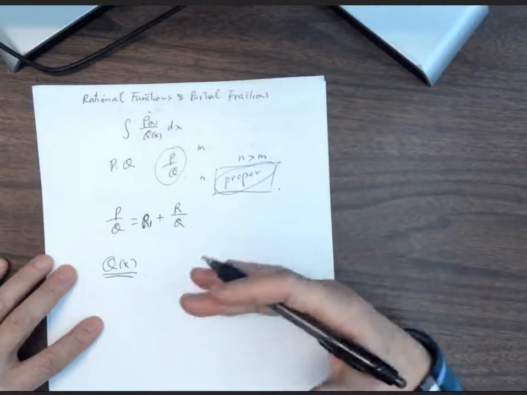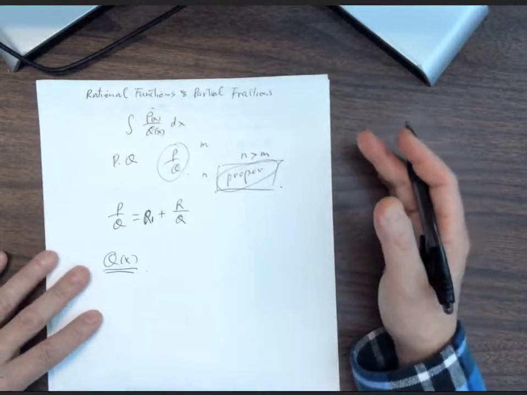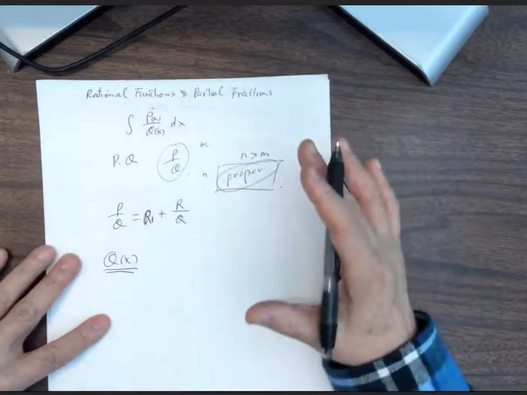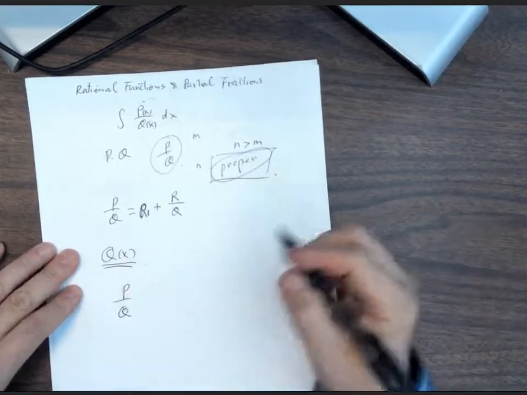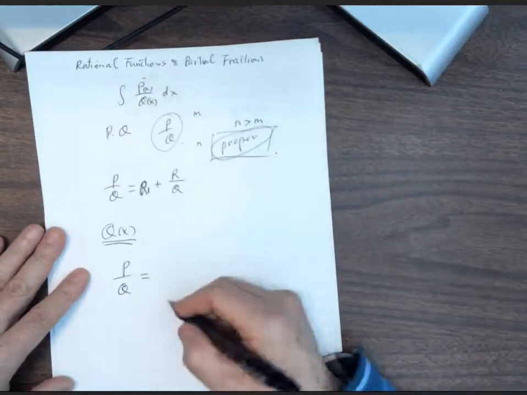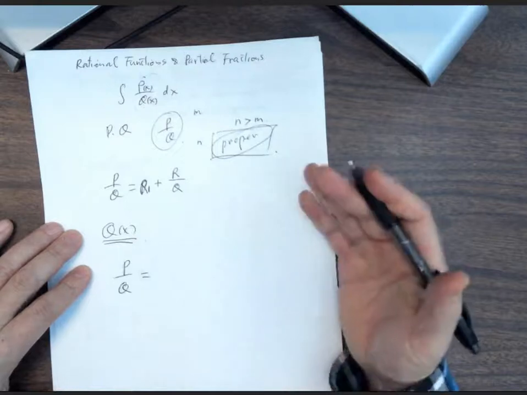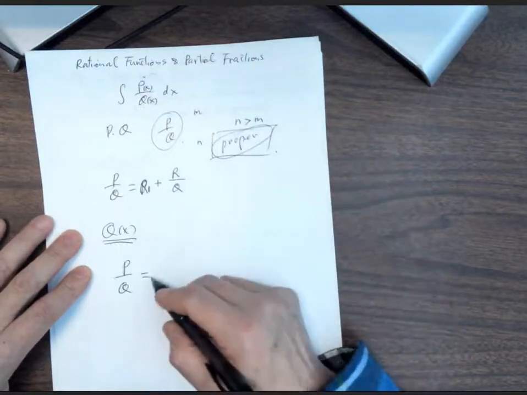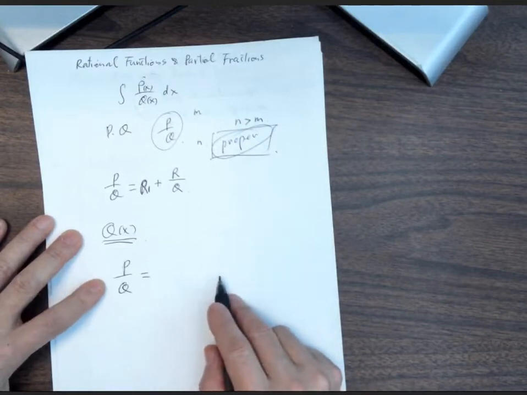Now, no matter what denominator we have, the idea is to somehow rewrite P over Q as a sum of simpler fractions. We call it partial fractions. Hopefully, it's possible to evaluate simpler fractions.